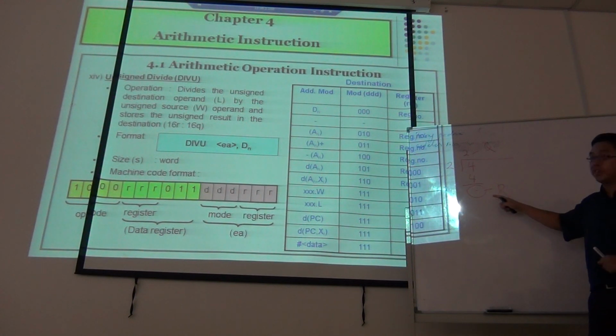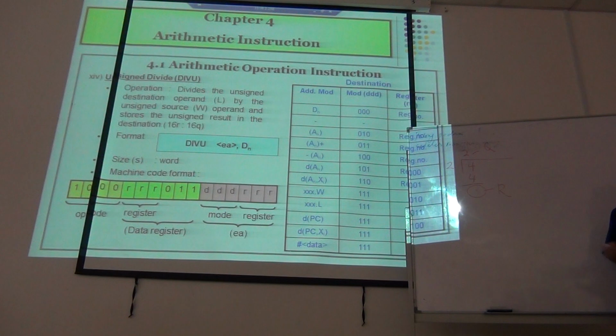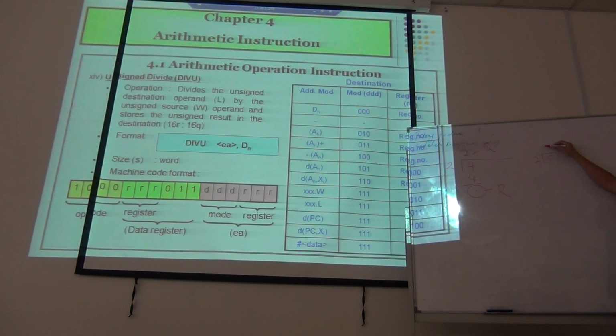So you have the result over here, you have the quotient over here. Let's look at another example: 5 divided by 2, 2 times 2 is 4, and 1. No decimal point needed. So you have the results here. This is the remainder, this is the quotient.